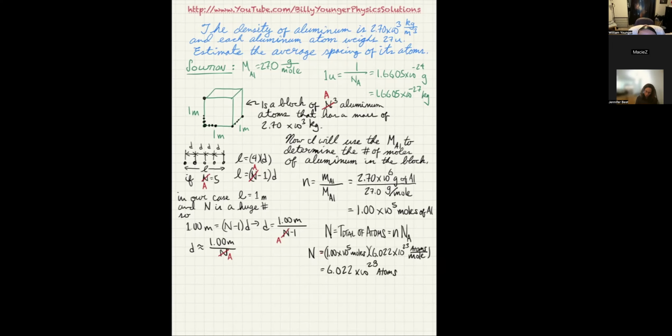Now that's the total number inside of the block. So we can now set that equal to a cubed.